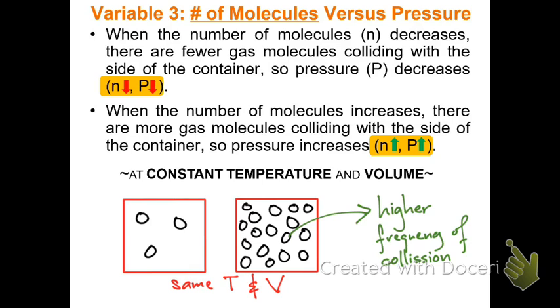Because the second container contains more molecules, it has higher frequency of collision, higher pressure. So this one has greater pressure. That's the relationship between the number of molecules and pressure. If you increase the number of molecules in the container, you're increasing the pressure as well.